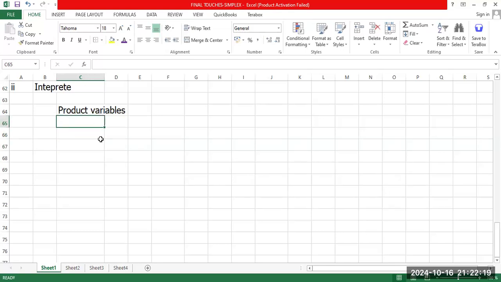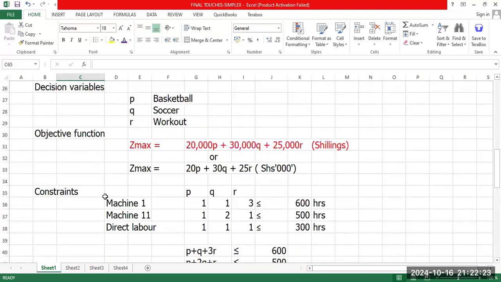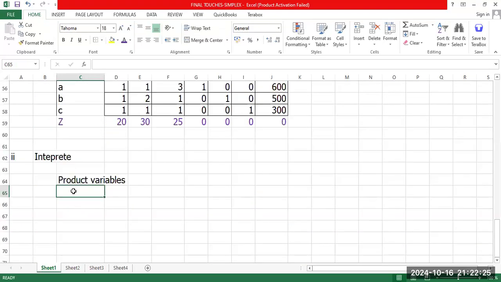Remember your product variables, like now, your product variables are P, Q, and R. We needed to see how many shoes.